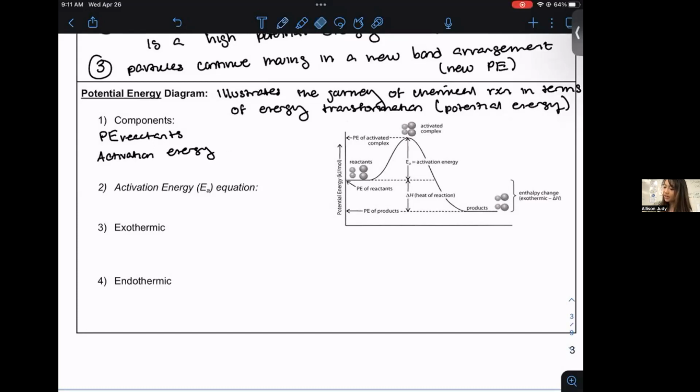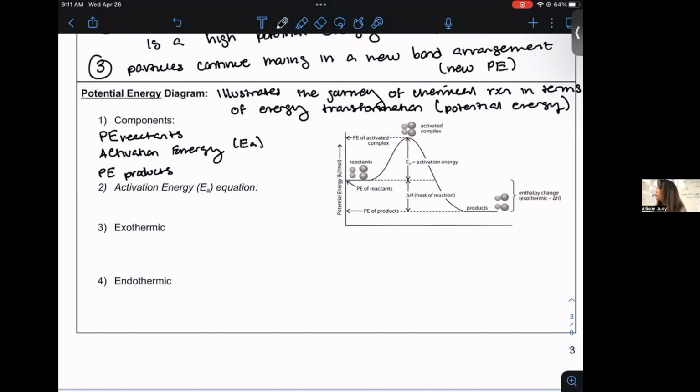And then the potential energy of the products. This is going to be the three main points that we highlight.